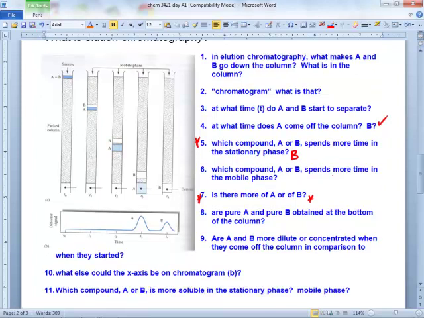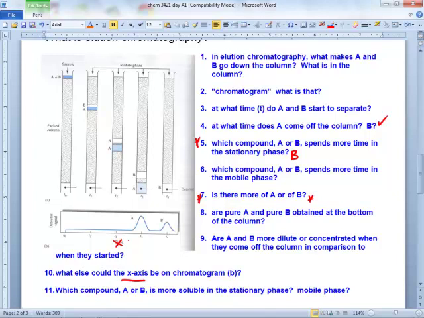Instead of plotting time on the x-axis, what else could we put and get the exact same plot? Well, not concentration, not really. Distance traveled could be one, yeah. Well, they're traveling the same distance, so that wouldn't work.